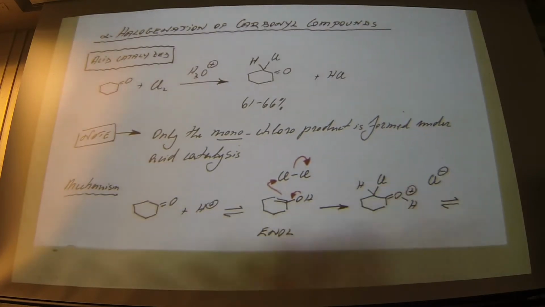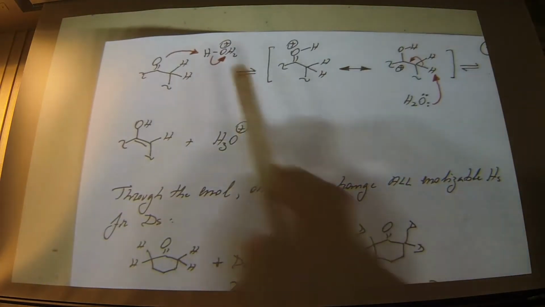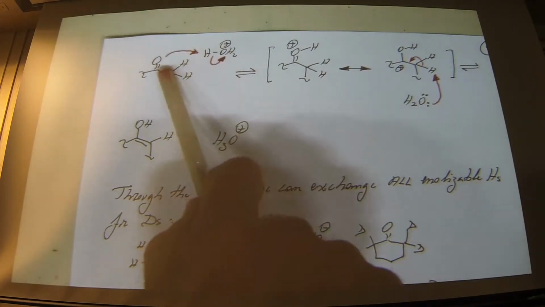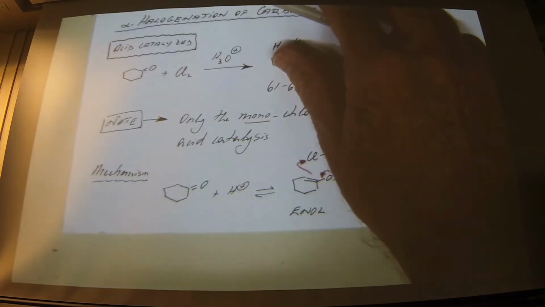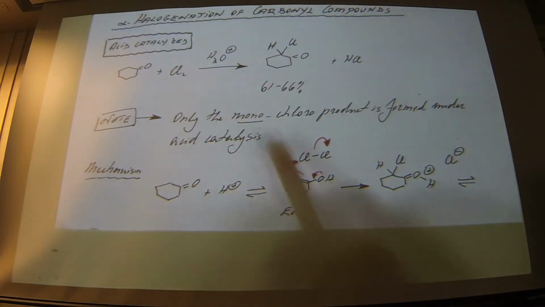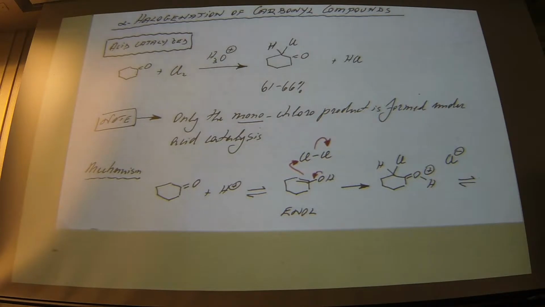So here's the mechanism. There's an acid. And so the first thing that happens, of course, is this reaction. You get proton transfer, acid-base. So here we go again with acid-base to give me, and I've summarized the steps, the enol. Now the enol is what? It's a nucleophile, and it's a nucleophile on carbon.